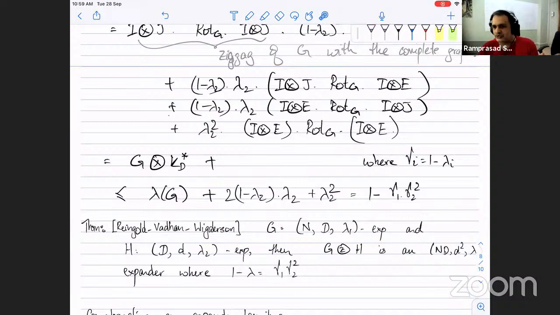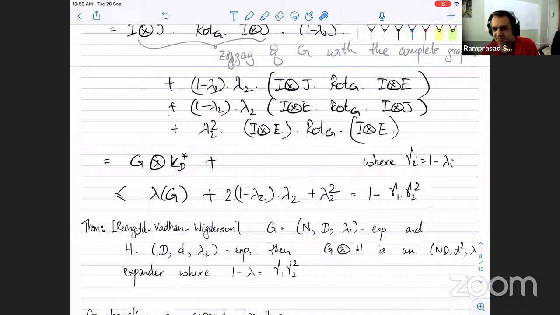Because what would you do? You push the lambda down as much as possible. Use tensoring to make the graph on many, many vertices. Whenever the degree becomes too large, you apply one zigzag product and make the degree small. And you just need to find the right combination of these tools to get your expander graph.